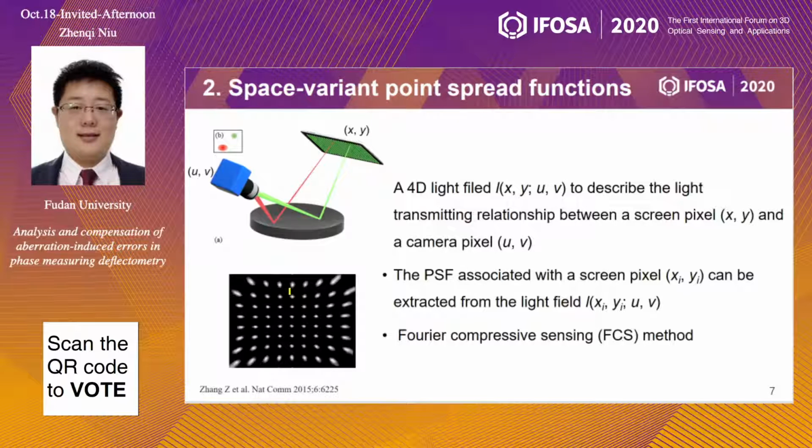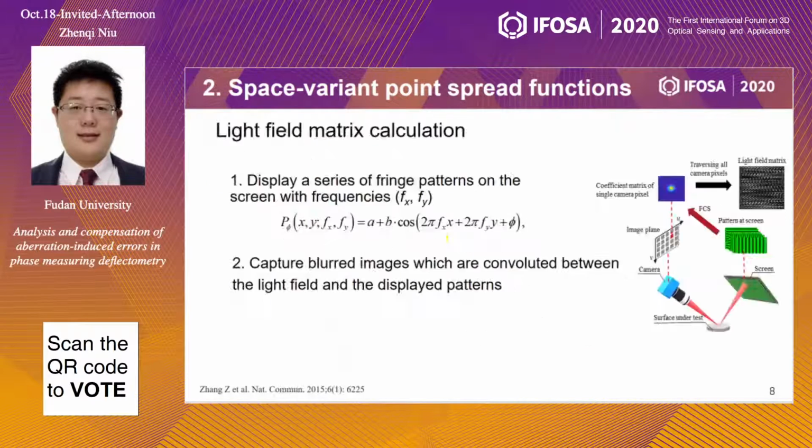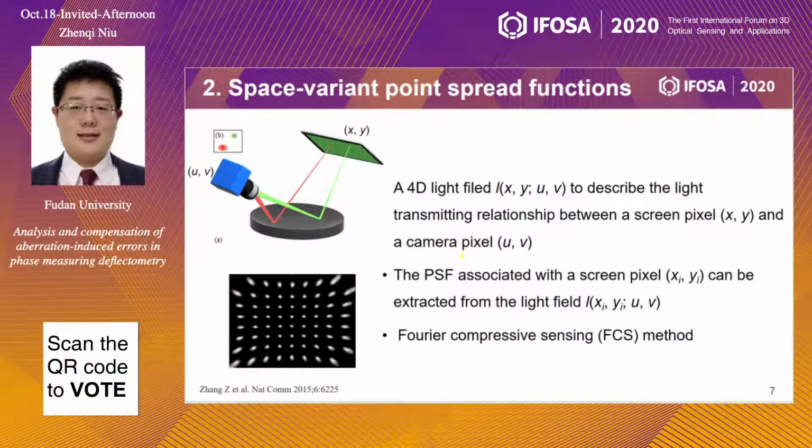Here, we introduce a 4D light field to describe the light transmitting relationship between a screen pixel XY and a camera pixel UV. The PSF associated with a screen pixel can be extracted from the light field L, and the 4D light field can be built by using the Fourier compressive sensing method.